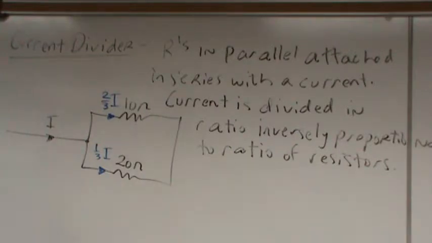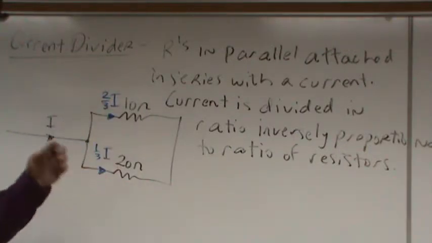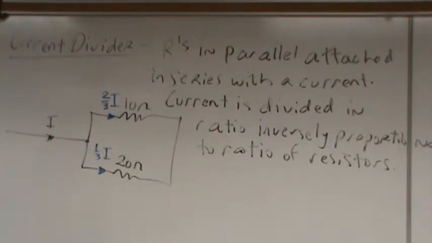Let me get you an equation, and I'm just going to do it with 2 resistors, because an equation for 3 or more resistors becomes a little more complicated. But I'm going to give you a problem with 3 or more resistors anyway.